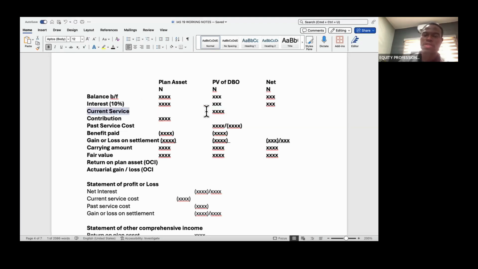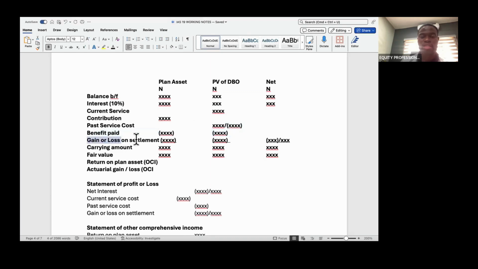Current service costs, you add to the obligation. Contribution is added to assets. Past service costs is added or deducted from the obligation, depending on whether it's an amendment or a curtailment. Benefit paid is removed from the two because people are retiring. So we need to take money from our plan assets wherever we have kept it, and also our obligation will definitely reduce.